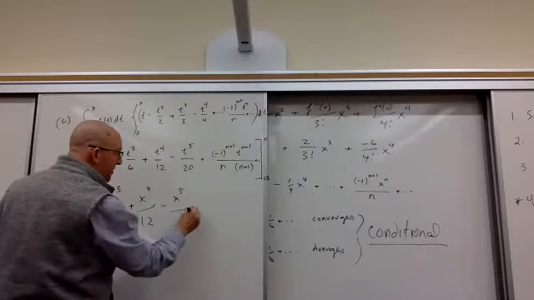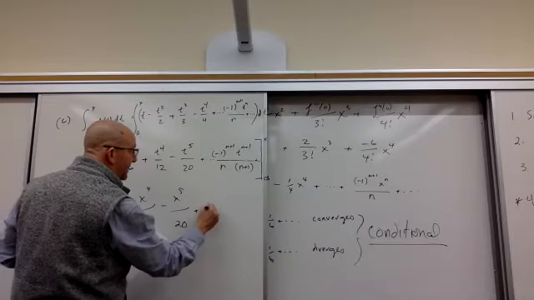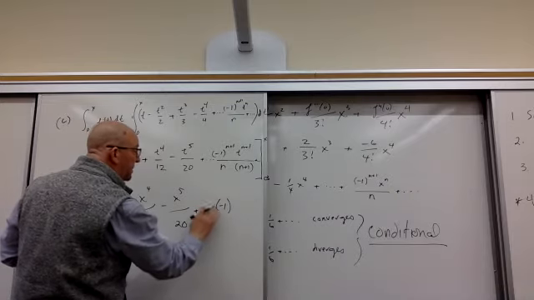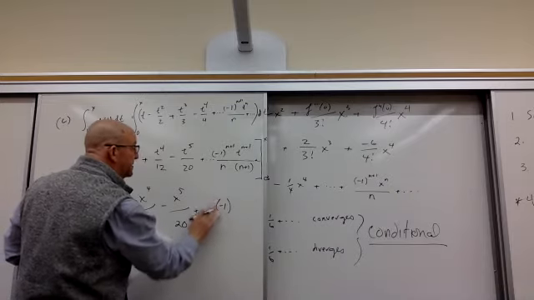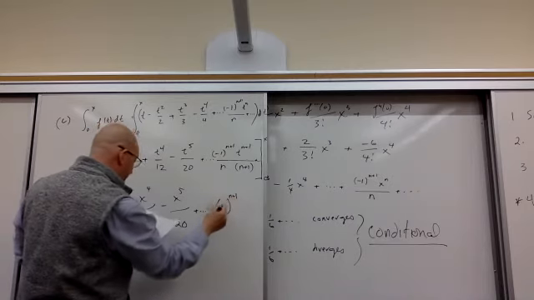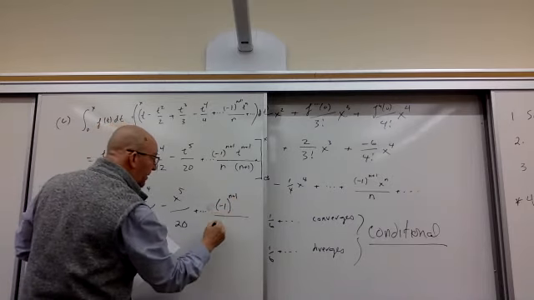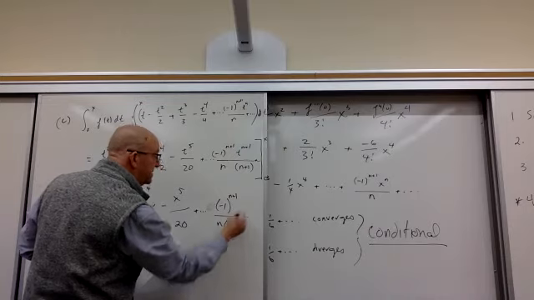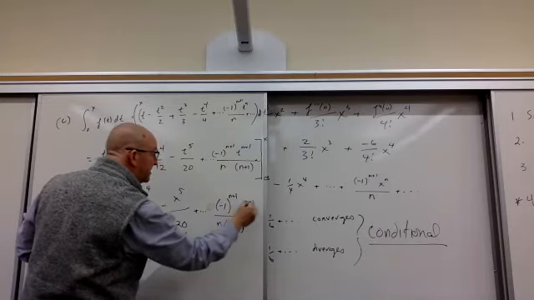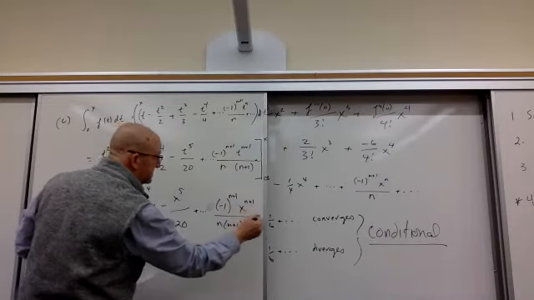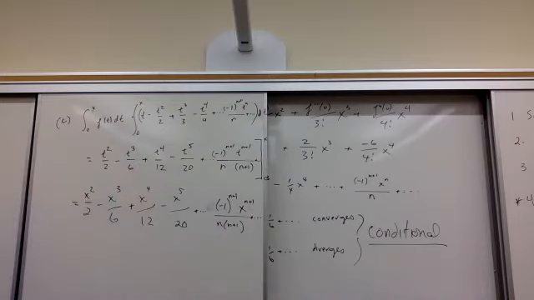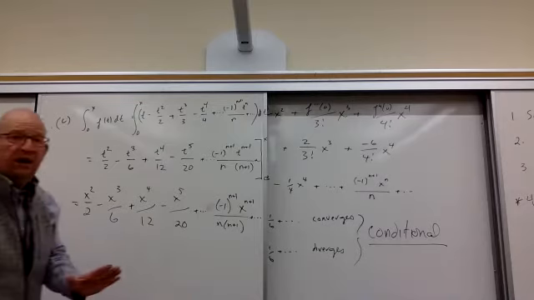Simplify that, plus dot, dot, dot, (-1)^(n+1) over n times n plus 1 times x to the n plus 1. Okay, not so bad.